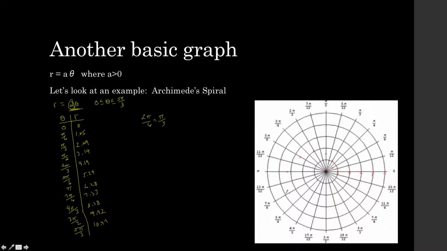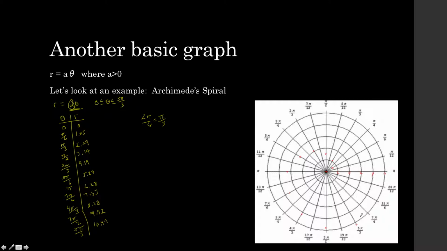And then that's going to be 4 pi over 3, 8.38. So that's going to be somewhere right in here. And then that's going to be 3 pi over 2, 9.42. And then we have 5 pi over 3, 10.47. Somewhere right in there.